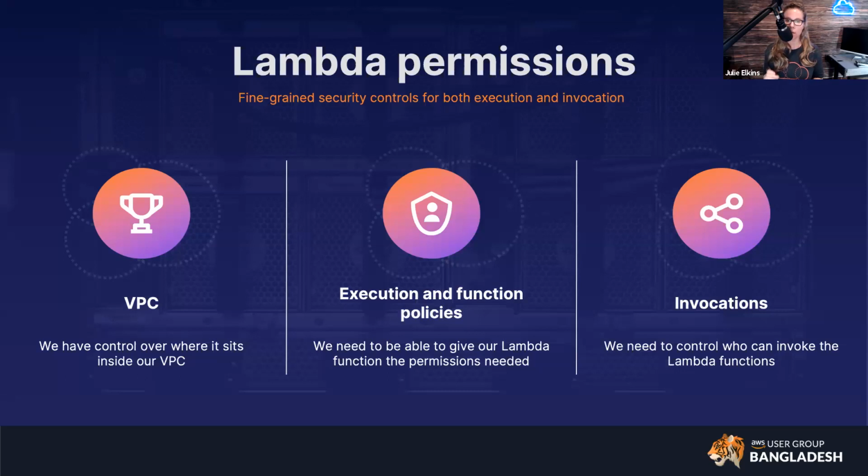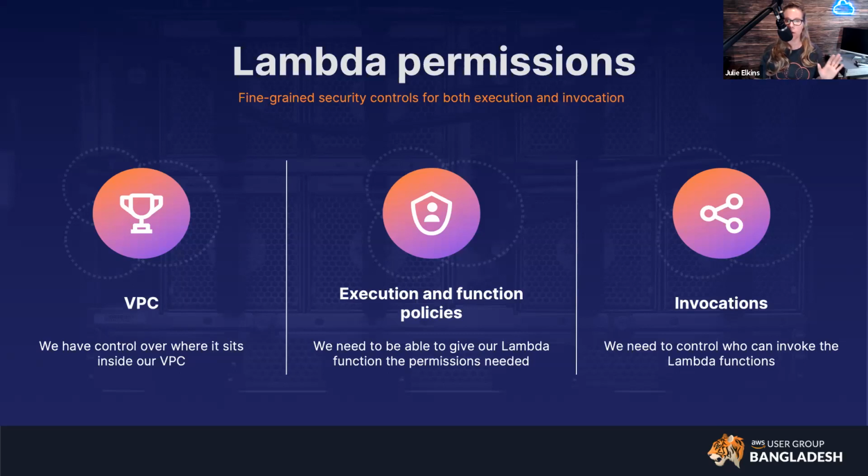But we also need to be able to control who can invoke the Lambda function. And here specifically, we could add a function policy to allow only API Gateway to invoke our Lambda function, or maybe just Kinesis can invoke it, or maybe even just S3. And the benefit here is that we don't have to add in authentication and authorization between their services because it's already part of the policy.